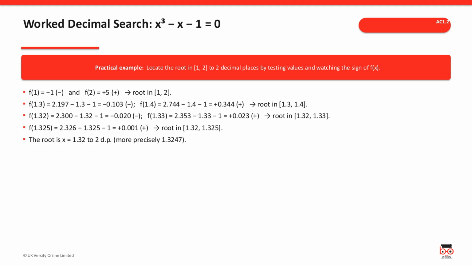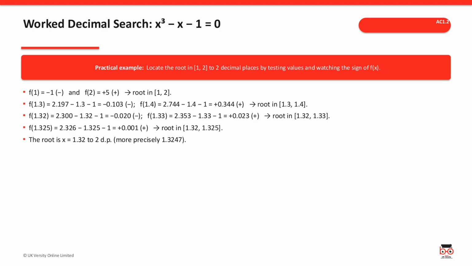Now let's zero in on that root to 2 decimal places, just by testing values and watching the sign. We know f of 1 is negative and f of 2 is positive, so the root's in between. Try 1.3 and we get about minus 0.103, still negative, while 1.4 gives plus 0.344, so now we're narrowed to between 1.3 and 1.4.